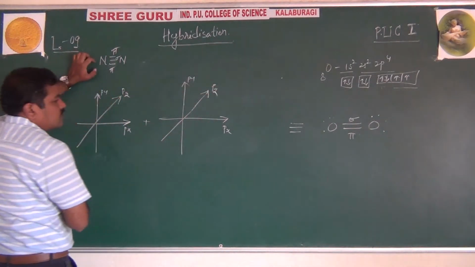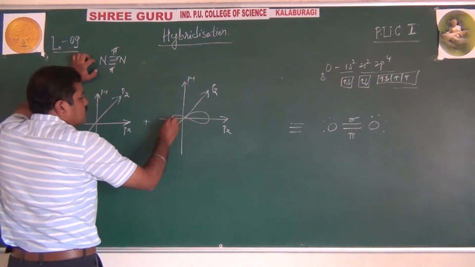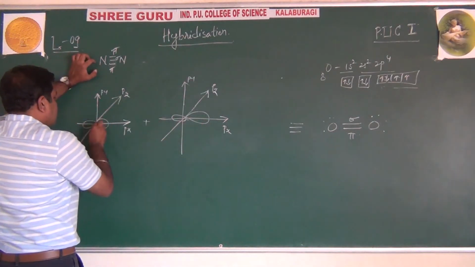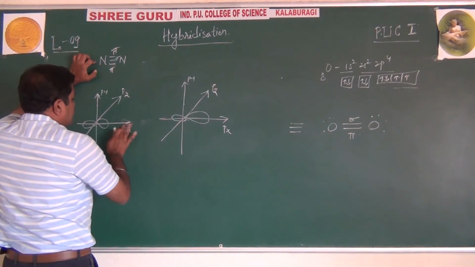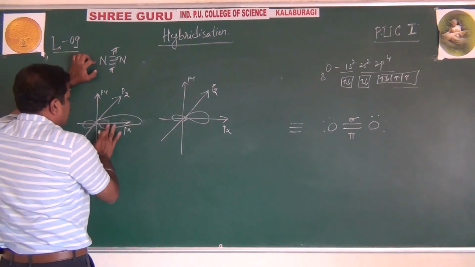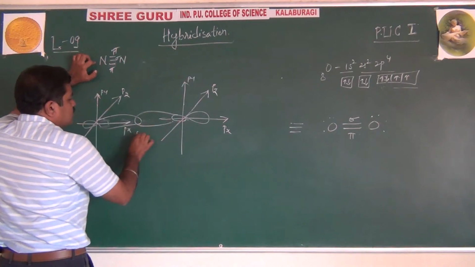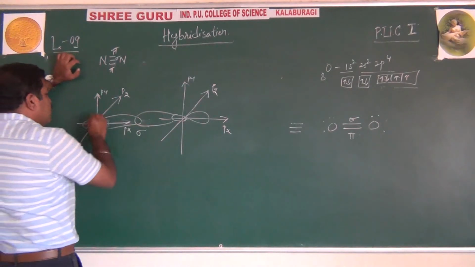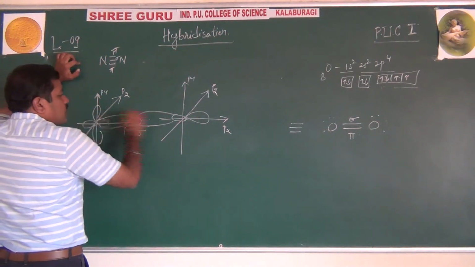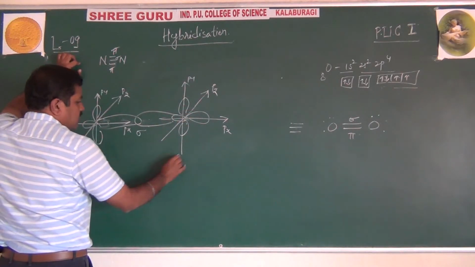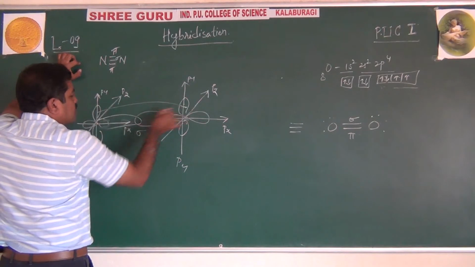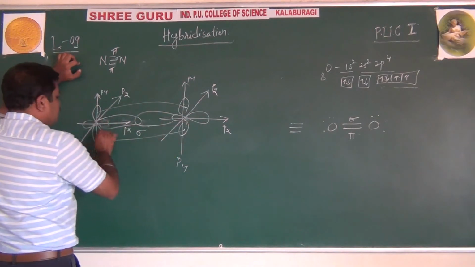Just a second. The px orbitals first come closer to each other and form sigma. The py orbitals overlap sideways to form pi.